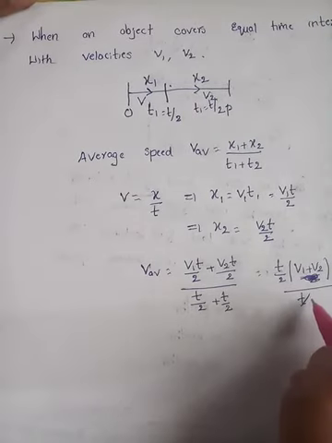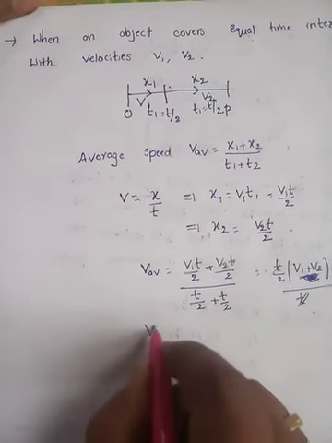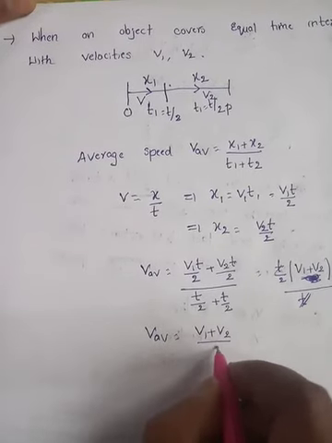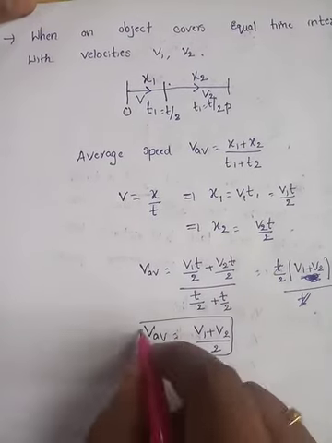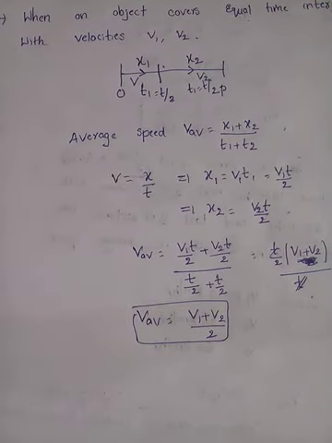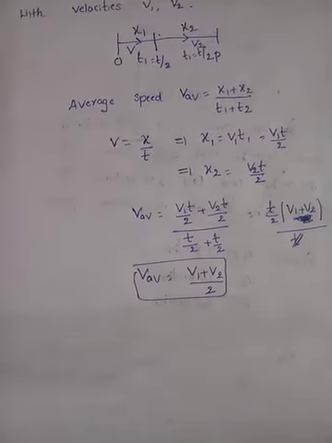So here t won't come, so t cancels. Finally, what is the average speed? v1 plus v2 by 2. So if a body covers with velocities v1 and v2 in equal intervals of time, the average speed formula is very easy, that is v average equals v1 plus v2 by 2.